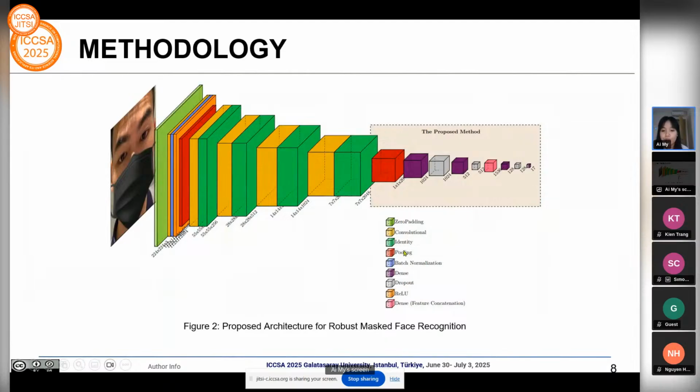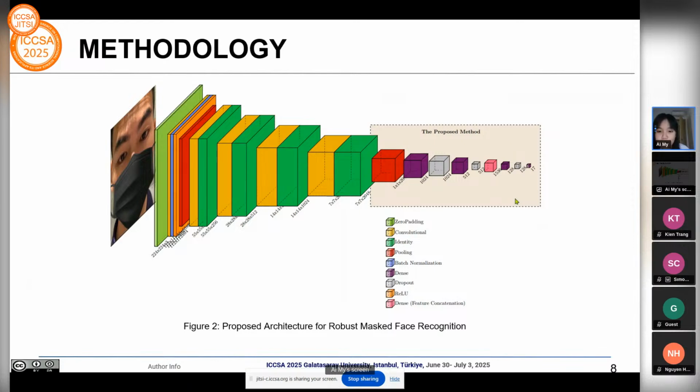At its core, we use ResNet50 as the backbone of the model. This is a deep convolutional neural network that has been pretrained on large facial datasets, allowing it to learn rich and discriminative features.